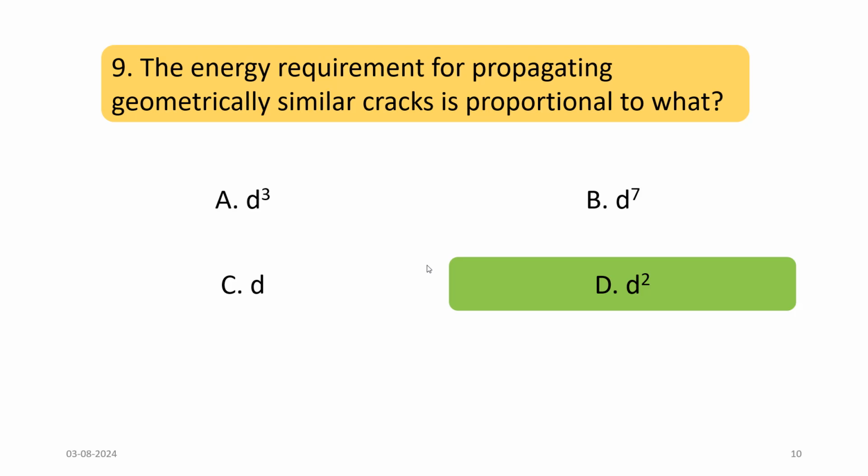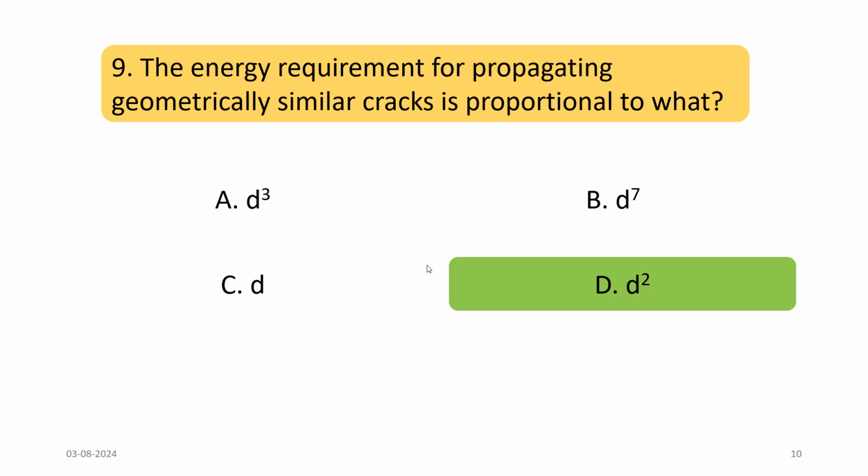That is why it is d cube. And if some crack comes up, the energy available per unit crack area increases linearly. So if this has some amount of energy, and if the crack increases, the energy availability also increases linearly. So that is why it is said that it will linearly increase with the particle diameter. How much diameter one particle has, it will depend on that.